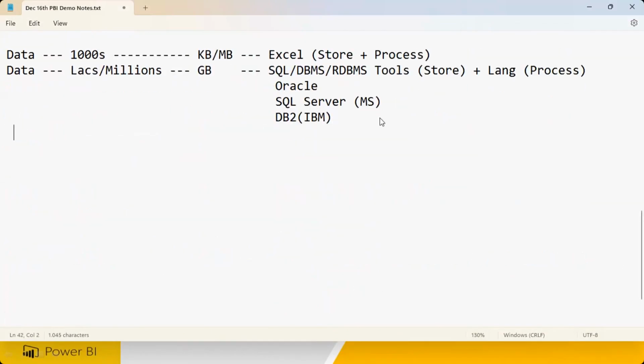Like that, you have thousands of softwares available. Netezza is also from IBM, an RDBMS software, and you have Postgres, PostgreSQL. This is also one more SQL software, a database software. MySQL is free software; anybody can download it and use it. And you have Teradata, and Sybase. A lot of RDBMS softwares are available in the world.